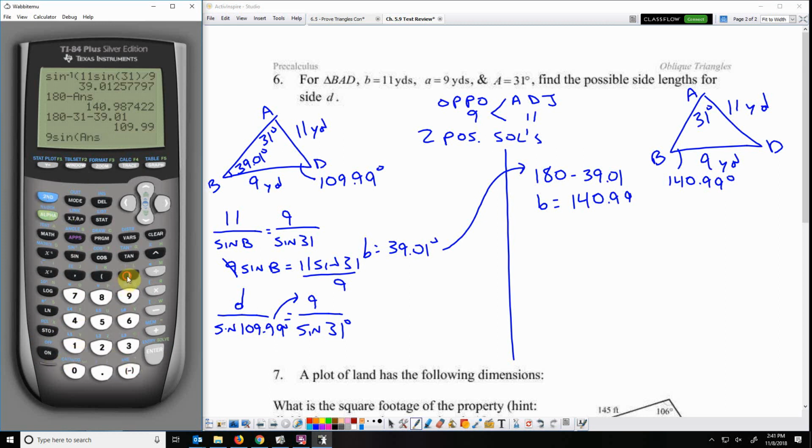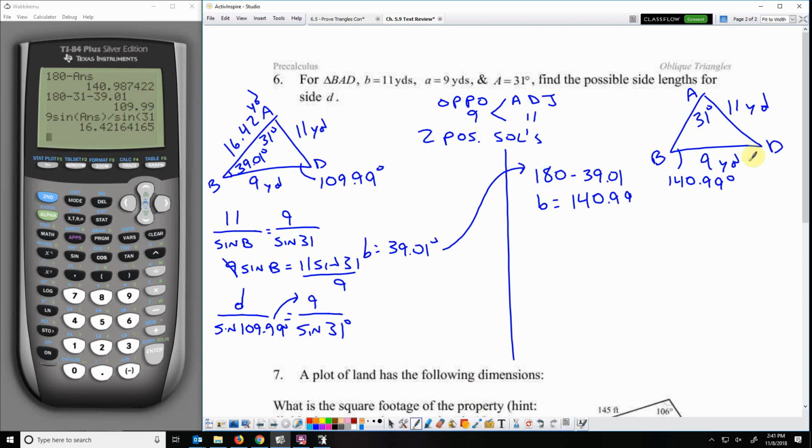So I'm just going to bring in that answer. Divided by sine 31. 16.42. So this last side is 16.42. And that's in yards. Okay, so I've got a full set of answers here.